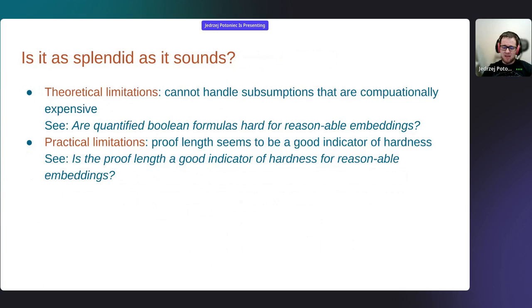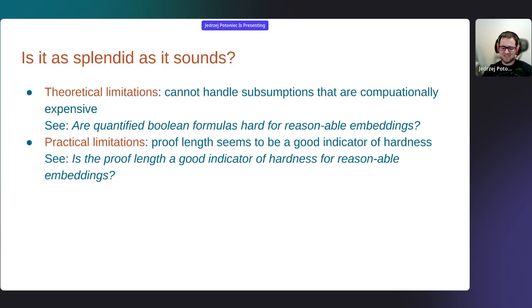Of course the experimental results look very good, but there are some limitations. We currently work on showing the detailed limitations, but preliminary results indicate that it cannot really handle subsumptions that are computationally expensive, and ALC is much more expressive than neural networks, so that is not a huge surprise.